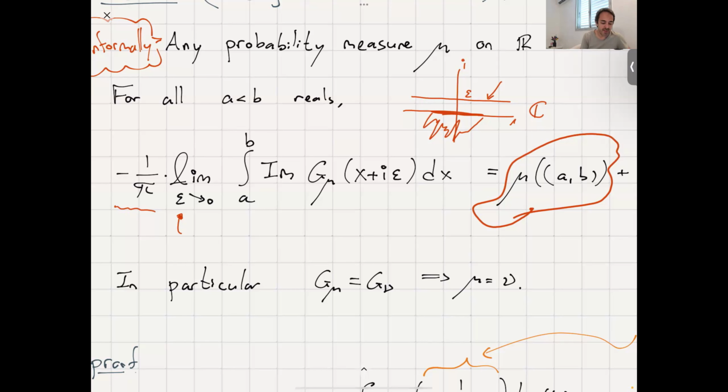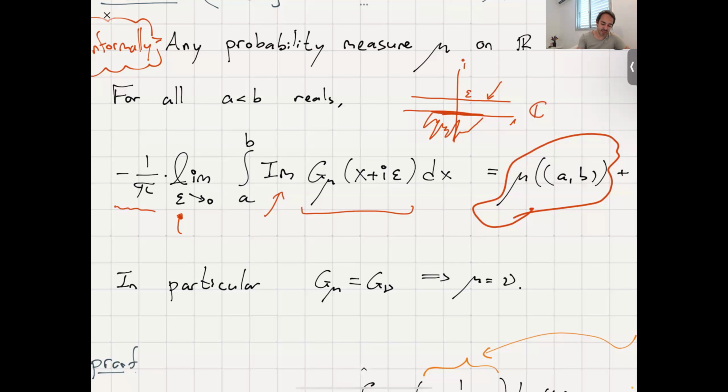I'm integrating the imaginary part of G mu evaluated at x plus i epsilon, where I integrate classically according to x, just dx, no d mu's.